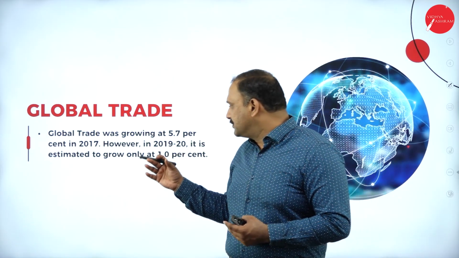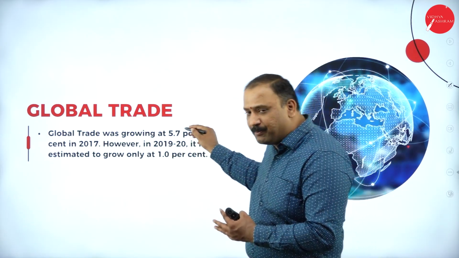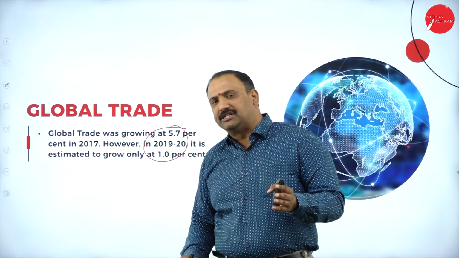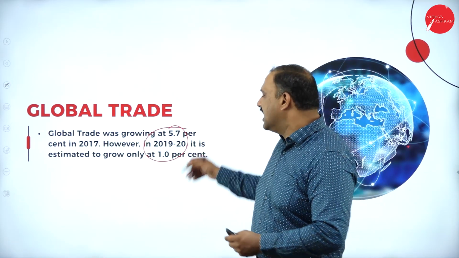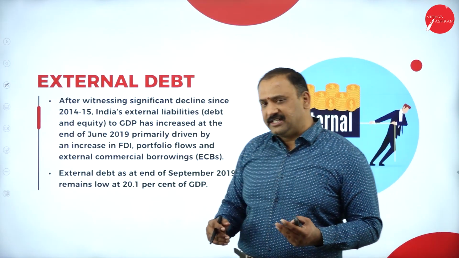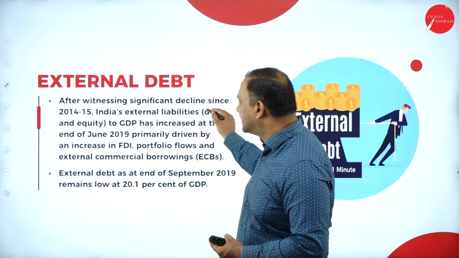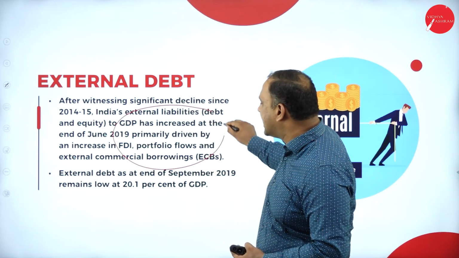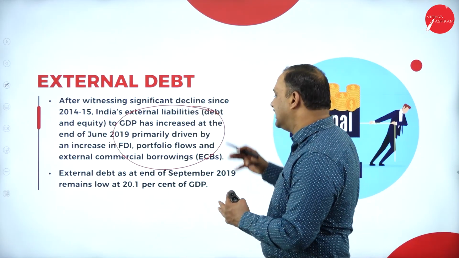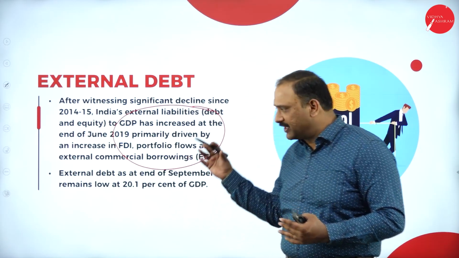Now, in the global trade position, India has been growing at 5.7%. But because of the slowdown and other economic problems like recession, our growth rate has come down to a large extent. The external debt has been seeing significant increases, with external commercial borrowings working out to a greater extent.